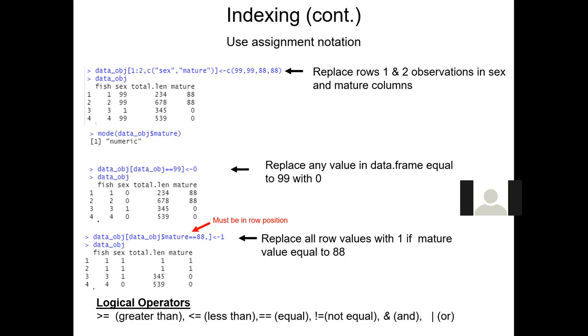You can specify something like this, which says within the brackets, use the data object and any values equal to... When you're doing mathematical operations or logical operators, equals is specified by two equal signs. So any value within the data object equal to 99, replace it with a 0. That's the whole data frame, as long as all the values are numeric, of course.